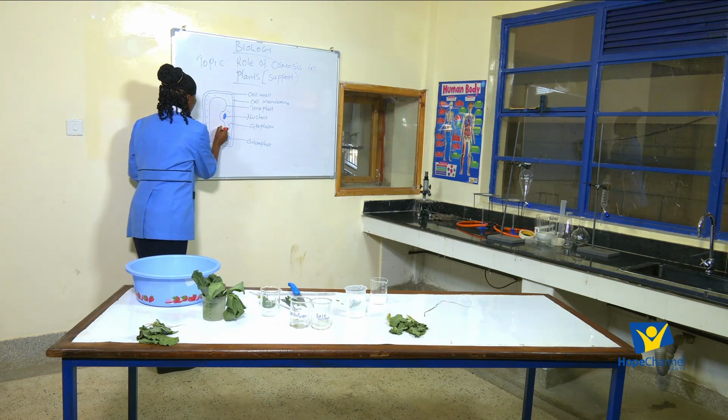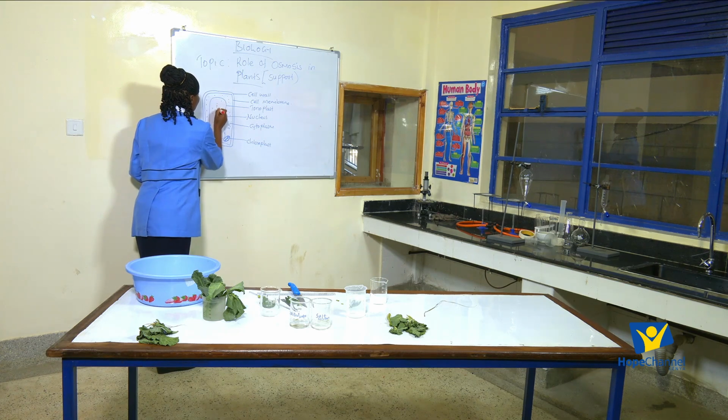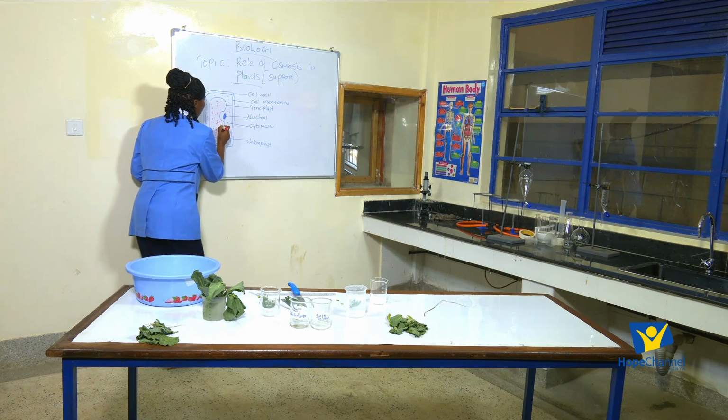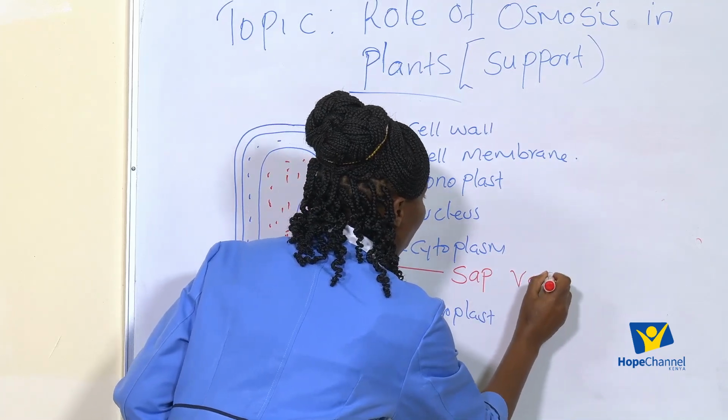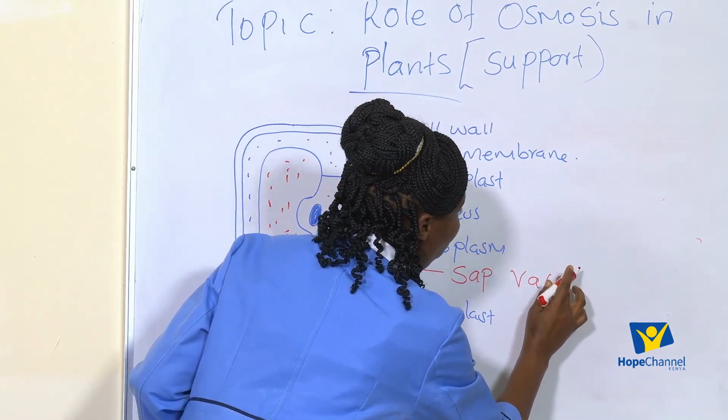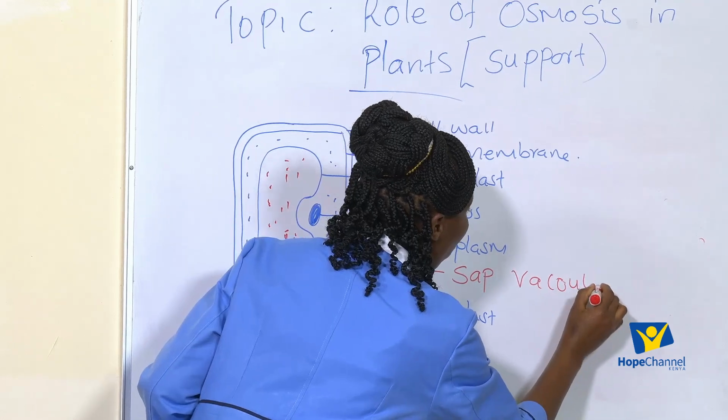Inside here, this is where we have the sap vacuole. Okay? This is what we call the sap vacuole.